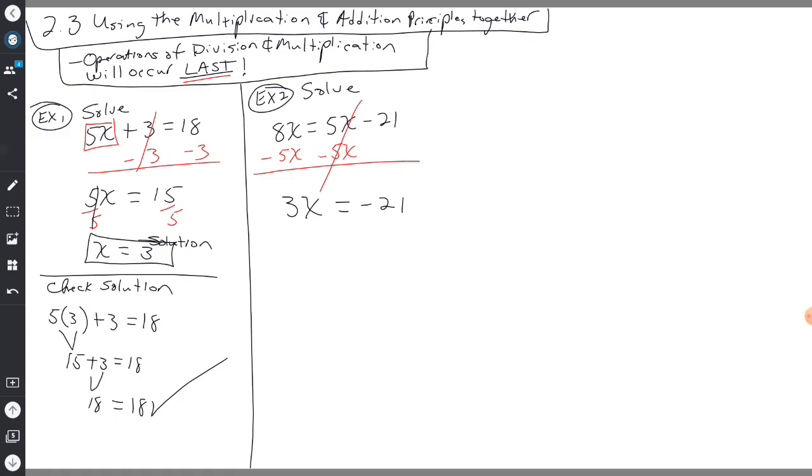And then what? Divide by 3, because the operations of division and multiplication will occur last. So dividing occurs last. So our solution, x is equal to negative 7.